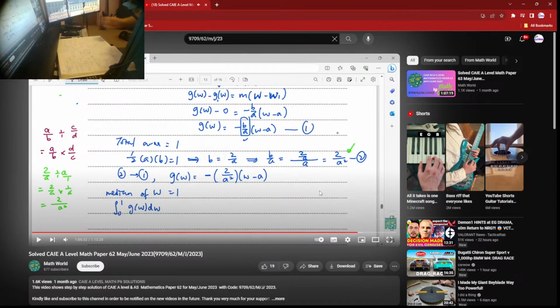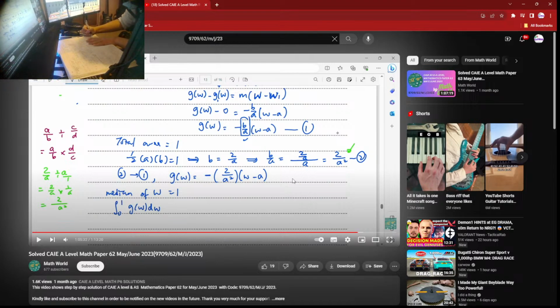Yeah, so since W is equals to 1, we'll just put it as 1. So GW is equals to negative 2 over A squared W minus A. Okay, where's the over A? So we have 2 over, oh yeah, it's B over A. Okay, 2 over A squared.